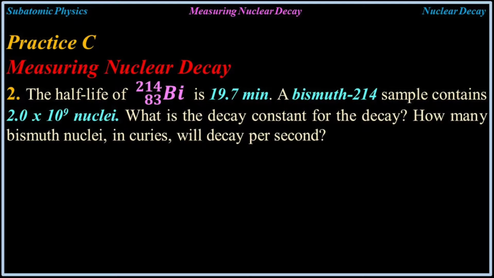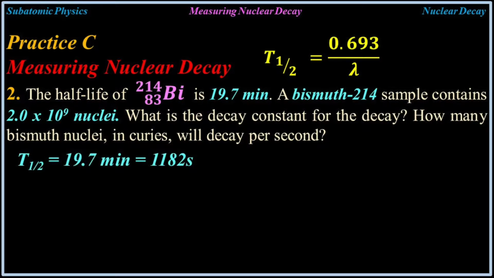The half-life of bismuth-214 is 19.7 seconds. A bismuth-214 sample contains 2 times 10 to the ninth nuclei. What is the decay constant for the decay, and how many bismuth nuclei in curies will decay per second? So there's the equation for half-life. Here's the given. There's the n.